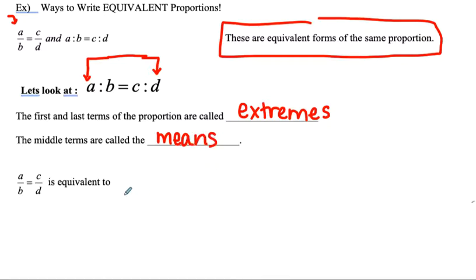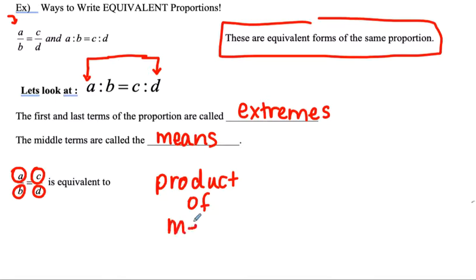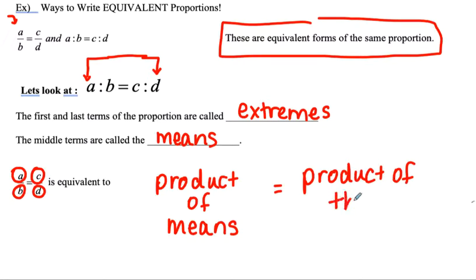Okay? So here are our extremes, and here are our means. So what's really interesting is that the product of the means equals the product of the extremes.